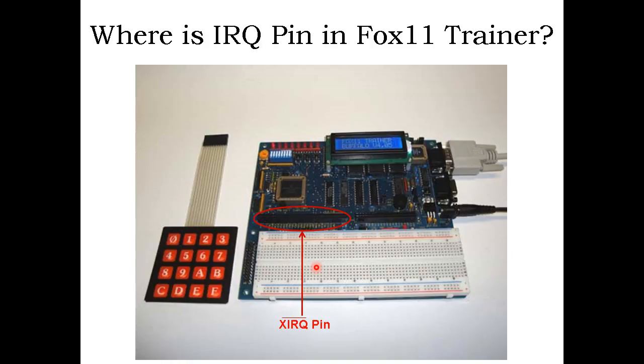But just by looking at the XIRQ pin, can you guess how you can give the signal? Every single black slot here, you'll be connecting either with ground or VCC or any other pin, right? But since this is a digital circuit, it will be either 1 or 0.